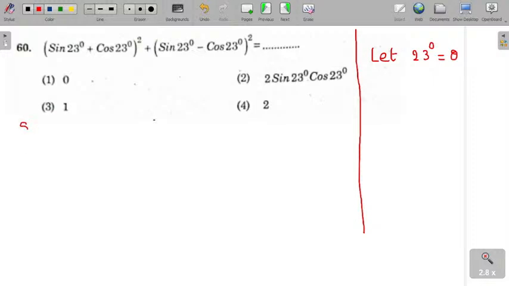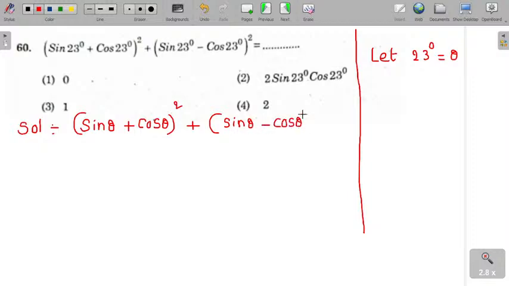Then this problem becomes (sin theta + cos theta) whole square + (sin theta - cos theta) whole square. Clear? Now, my dear students, (sin theta + cos theta) whole square is an (a + b) whole square formula.